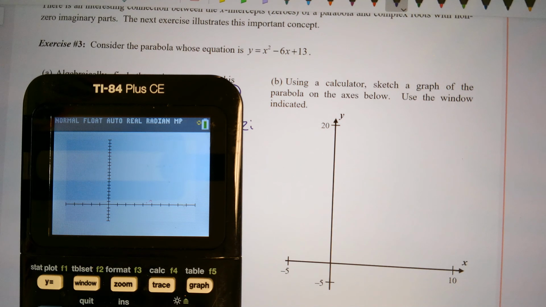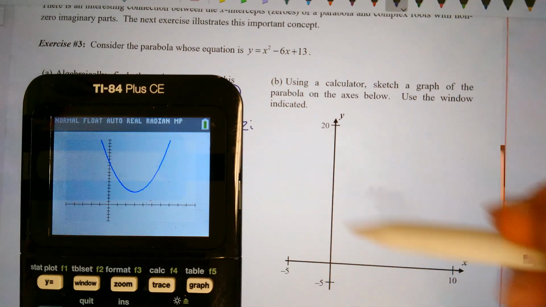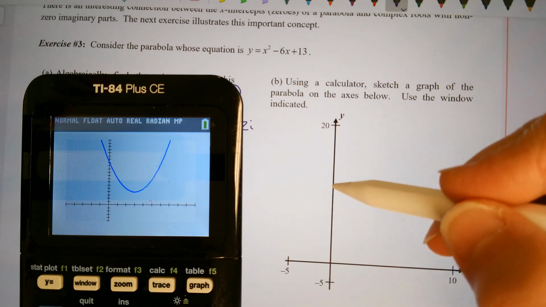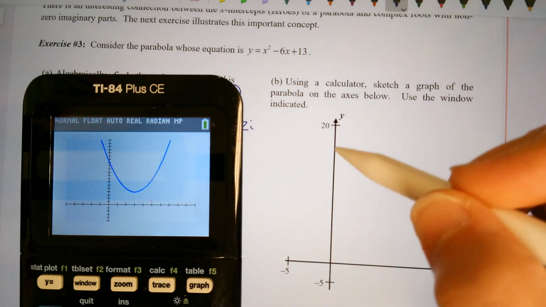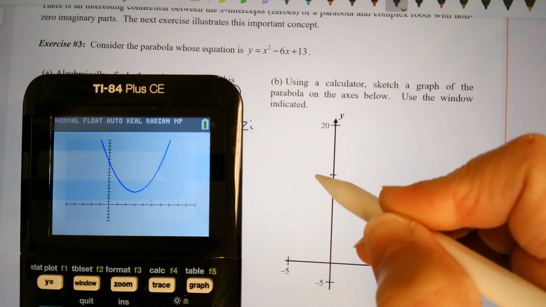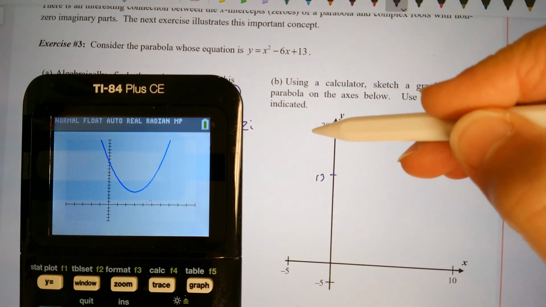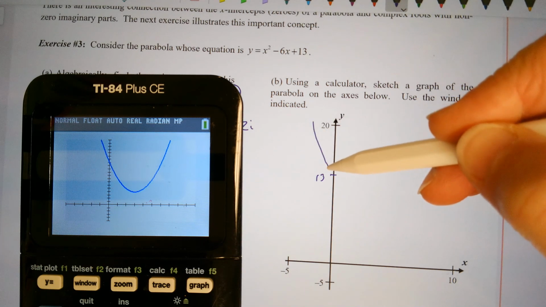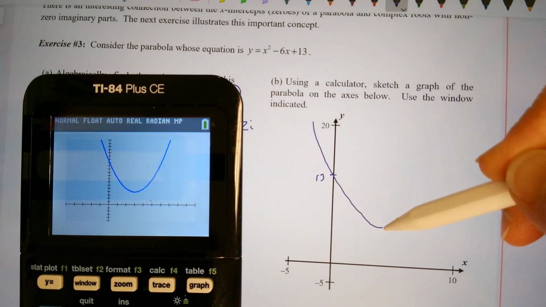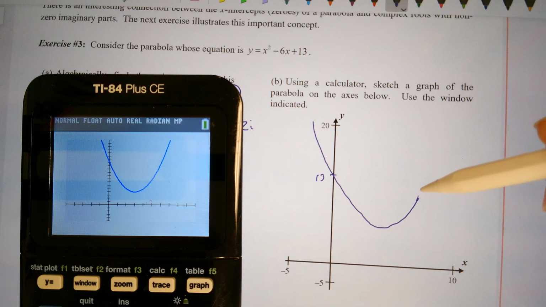And press graph. And there we have it. It doesn't even cross the x-axis. So I know the y-intercept there is 13. Again, this is just a sketch, something like this.